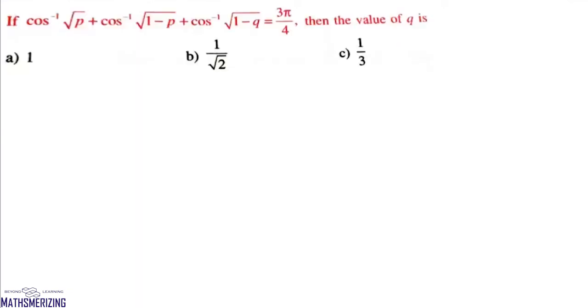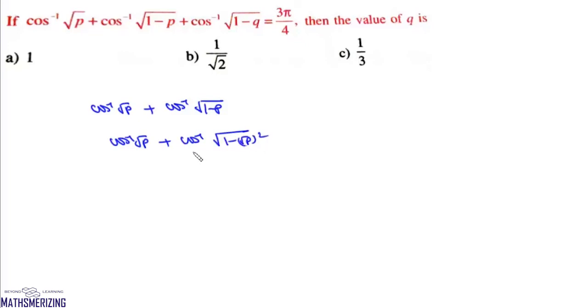Now here the question is, if cos inverse under root p plus cos inverse under root of 1 minus p plus cos inverse under root of 1 minus q equals 3 pi by 4, then the value of q is. Now, if we look at this cos inverse under root p and cos inverse under root of 1 minus p, we can write cos inverse of under root 1 minus p as sine inverse.